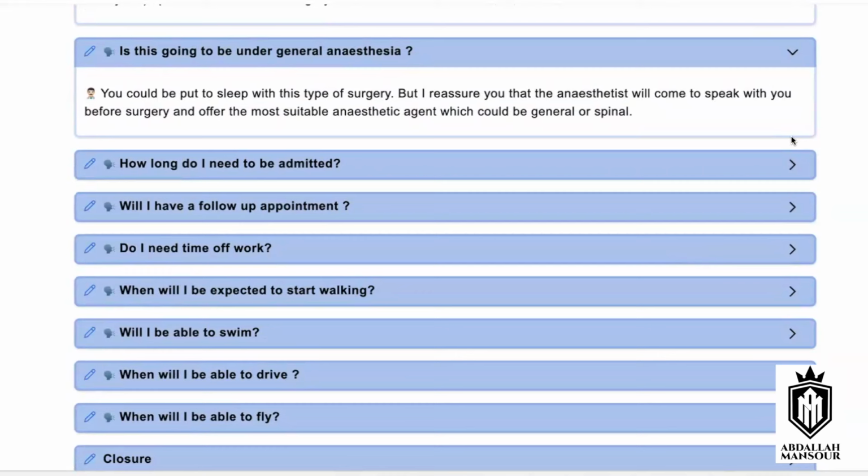Okay. So if there are no complications, you would have to stay up to 3 days, but sometimes this may even be longer. But before discharging you, we need to make sure that your pain is controlled and that you are mobilizing independently, that you can take the stairs.